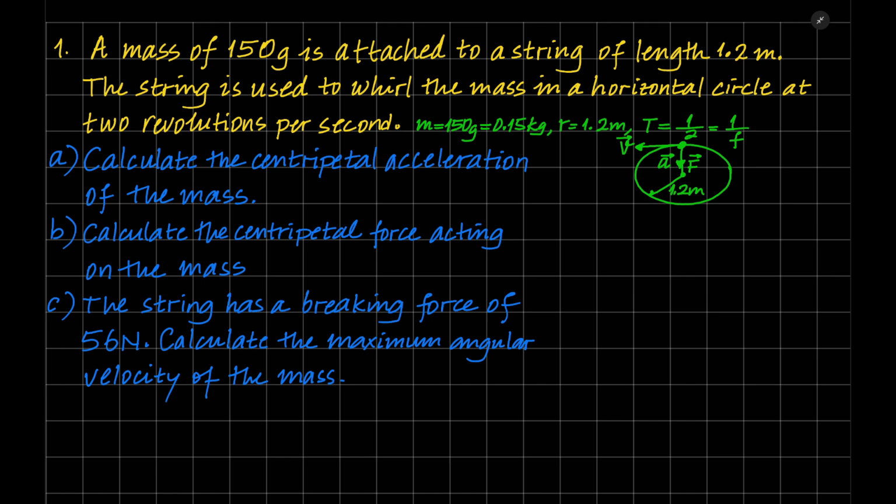Now, it says calculate the centripetal acceleration of the mass. Using the formulas of circular motion, we know that centripetal acceleration is equal to angular speed squared times radius of the motion.